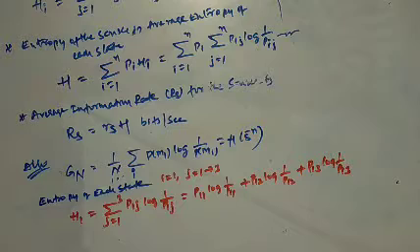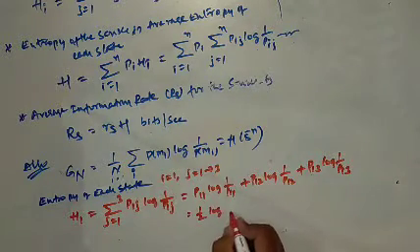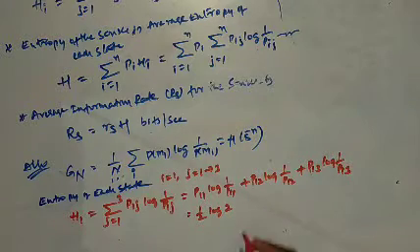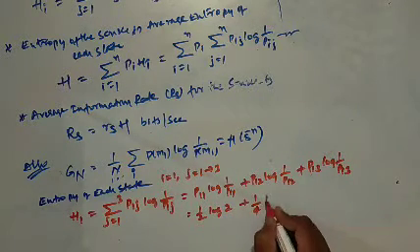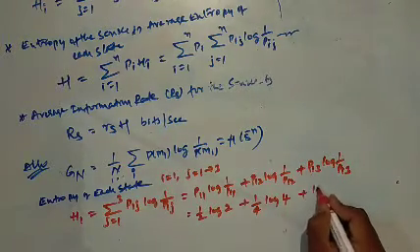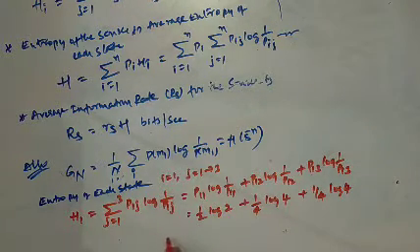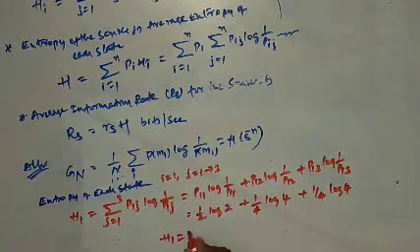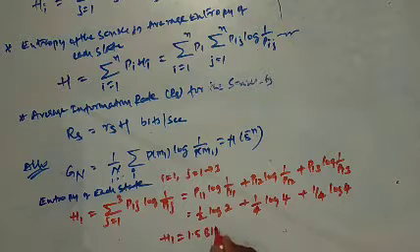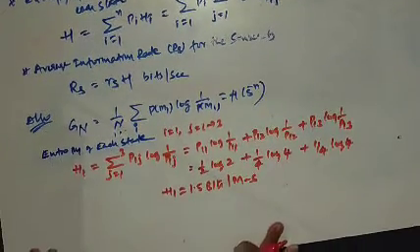So I will write this as 1 by 2 log 1 upon 1 by 2, which is nothing but 2, plus 1 by 4 log 1 upon 1 by 4, which is nothing but 4, plus 1 by 4 log 1 upon 1 by 4, which is 4. And the answer H1 is equal to 1.5 bits per message symbol.